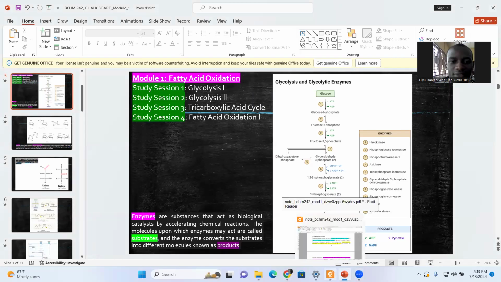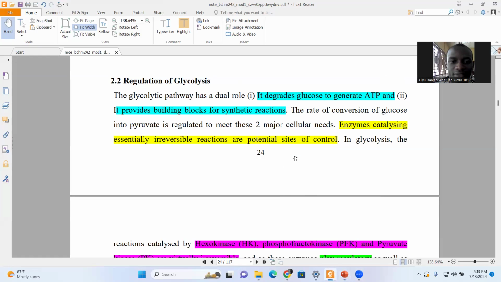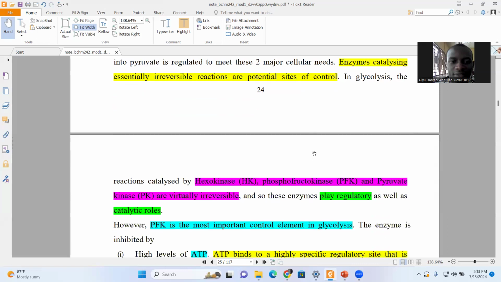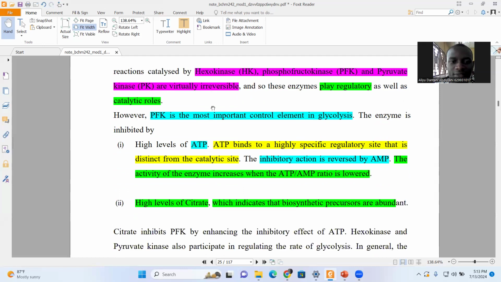So if I ask you a question in this regard, you should know what to tell me, right? So in glycolysis, the reactions catalyzed by hexokinase, phosphofructokinase, and pyruvate kinase are virtually irreversible. So these enzymes play regulatory as well as catalytic roles, of course. However, PFK, phosphofructokinase, is the most important control element in glycolysis.